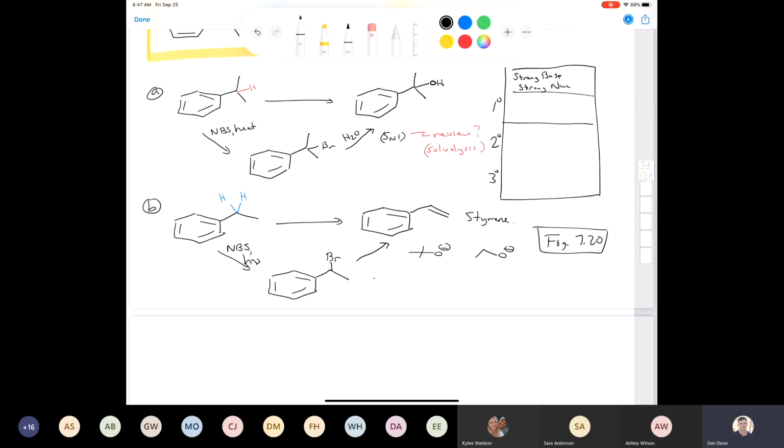It breaks it up into this table. If you have a primary alkyl halide, you're going to get some E2, but it's mostly going to be SN2. If you have a secondary alkyl halide, like I have here, you're going to get mostly E2, and some SN2. And for a tertiary alkyl halide, you're only going to get E2.